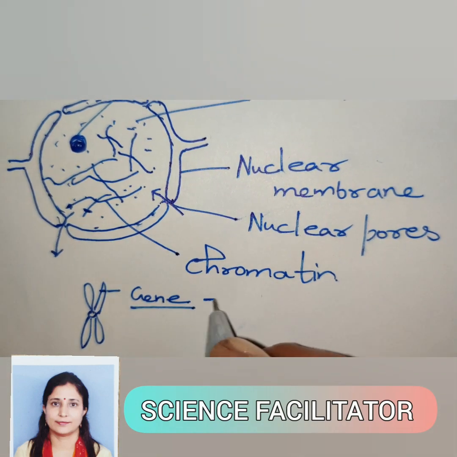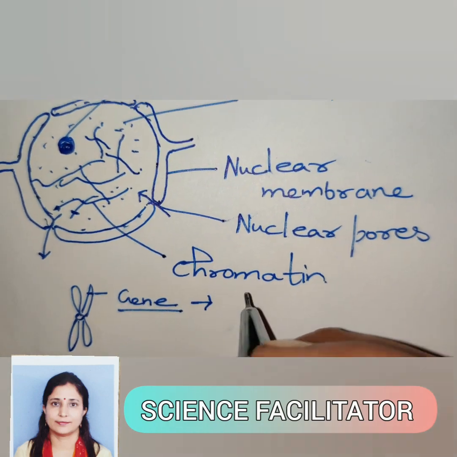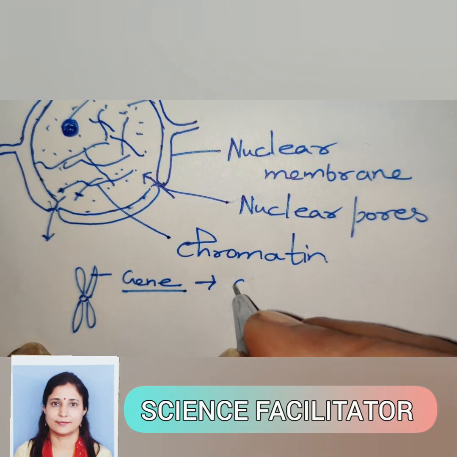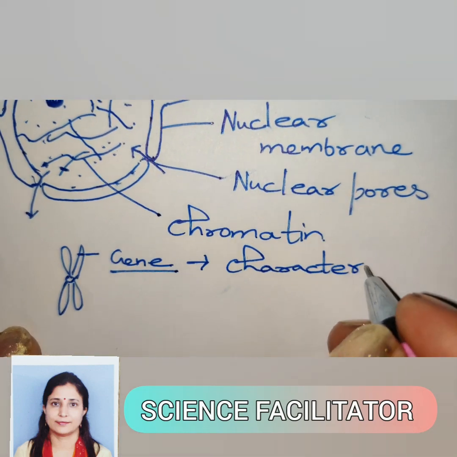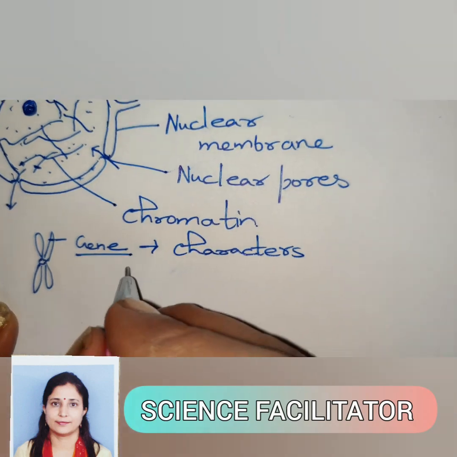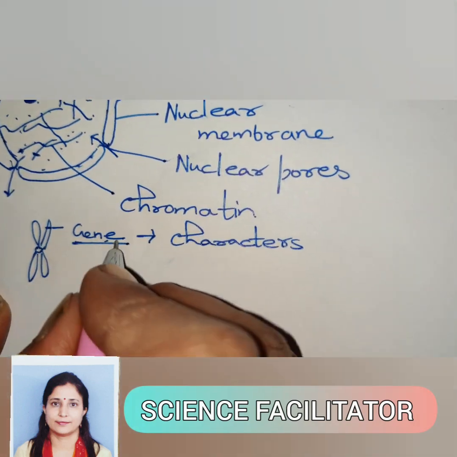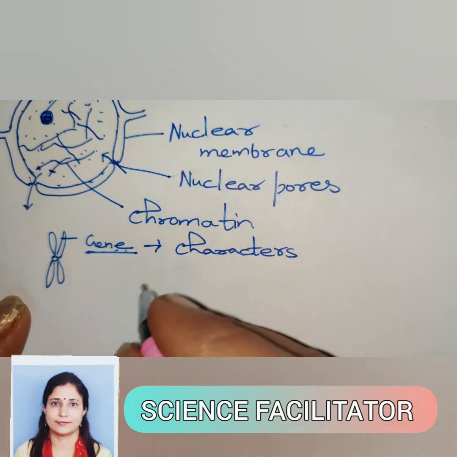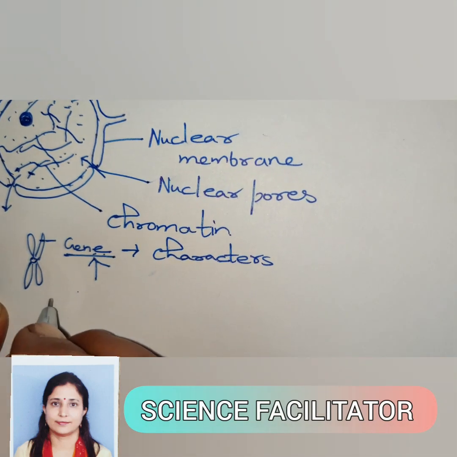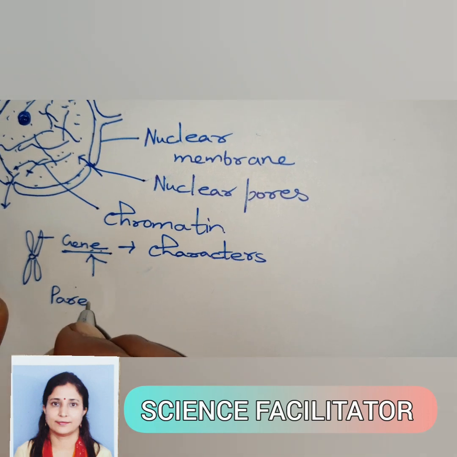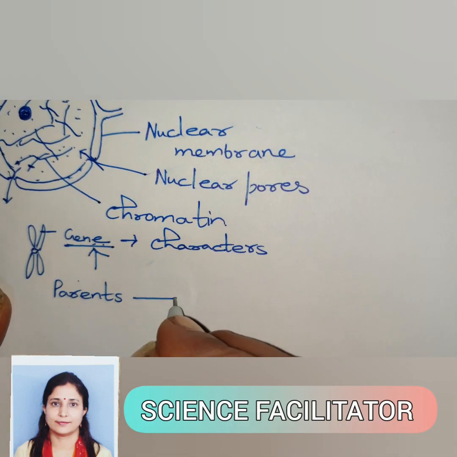So genes determine our characters, like what will be the color of hair, the color of eyes, length of hair, color of skin. So characters are determined by the genes. These are the hereditary units. These genes are responsible for transmission of characters from the parents to the offspring.